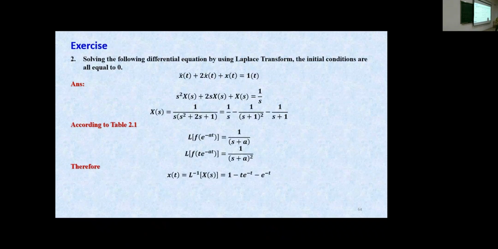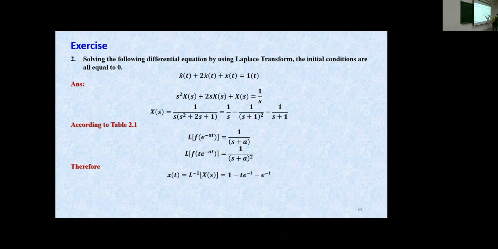Okay, let's see this. The solution is already showing here. Solve the following differential equation by using Laplace Transform, and the initial conditions are given. They're all equations. Then first, you should write this into Laplace Transform.